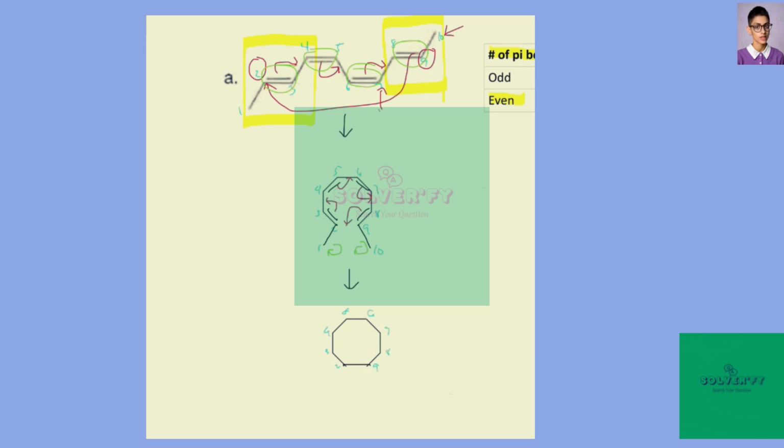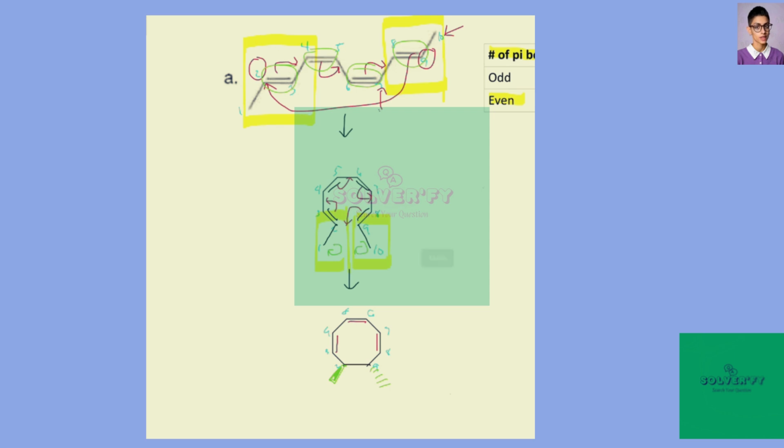We know that our pi bonds are now between 3 and 4, 5 and 6, 7 and 8. Now, if this carbon number 1 is going to go in a clockwise direction, that means carbon number 1 is going to go out of the page. Out of the page. Now, if carbon number 10, on the other hand, goes in a clockwise direction, that means our carbon number 10 is going to go away from the page. And that's our final structure for molecule A.